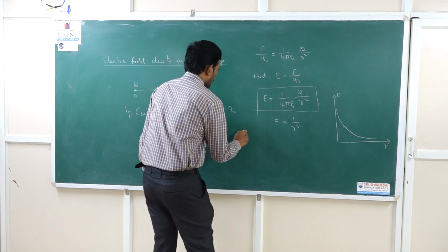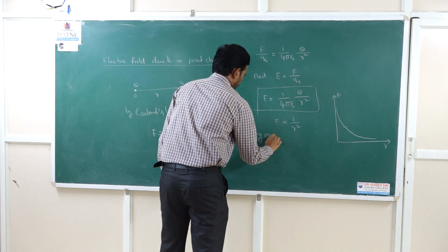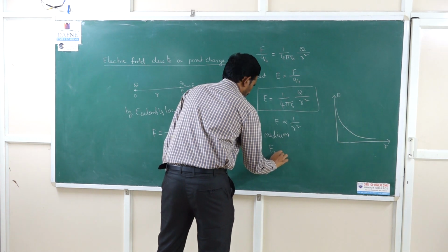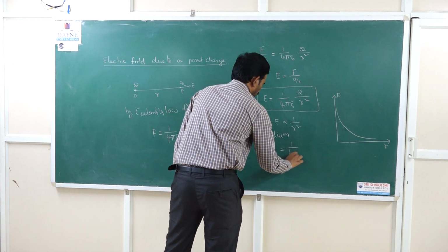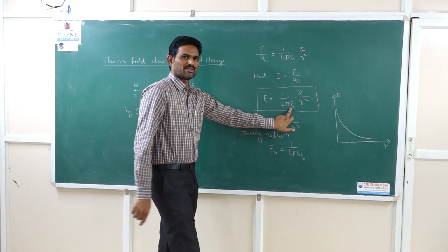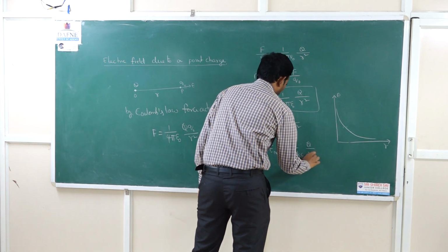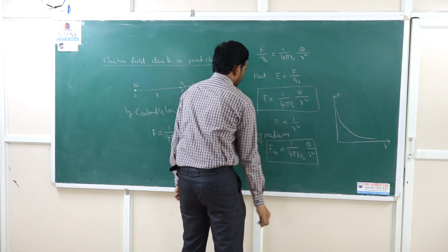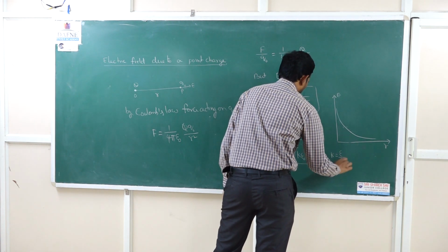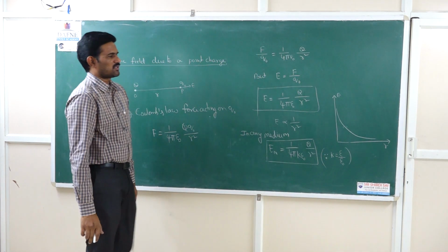So in any dielectric medium, E medium is equal to 1 by 4 pi K epsilon naught into Q by r square, where K is equal to epsilon by epsilon naught, the dielectric constant of that given medium.